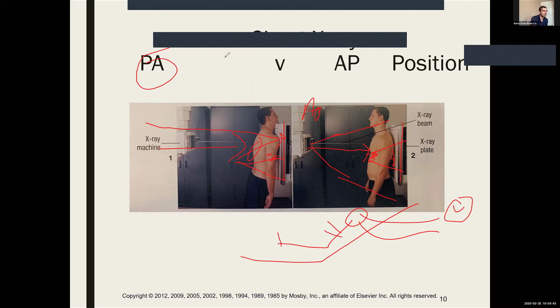Okay, there's the vent, and you've got the RT standing over here taking care of them. And the X-ray technician comes in to actually shoot the X-ray. They're going to put the plate back here, and the X-ray machine is going to come up here, and it's going to shoot through the patient like that.